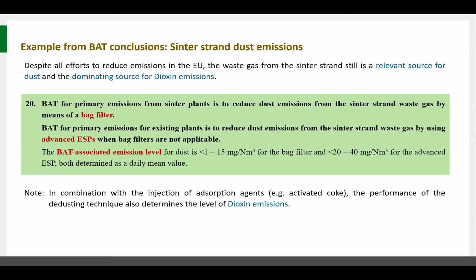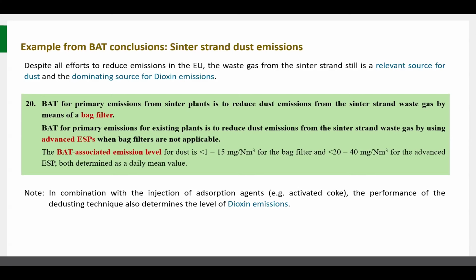In addition to that, for existing plants, it was also considered BAT to use advanced electrostatic precipitators, ESPs, when bag filters are not applicable. Usually, also for existing plants, it was anticipated that it would be possible to apply bag filters, but there may be some circumstances where bag filters are not applicable.